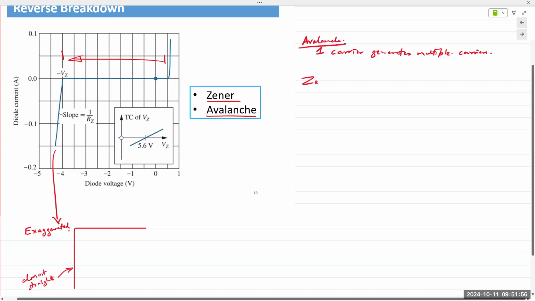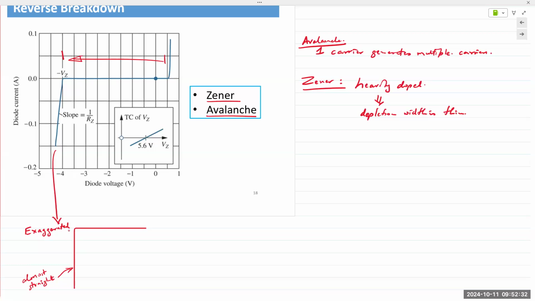And the Zener effect occurs in heavily doped diodes. In heavily doped diodes, the depletion region width is very thin. And if the depletion region is thin, in the reverse bias, a very small voltage is sometimes sufficient to impart enough energy to cross over the junction.